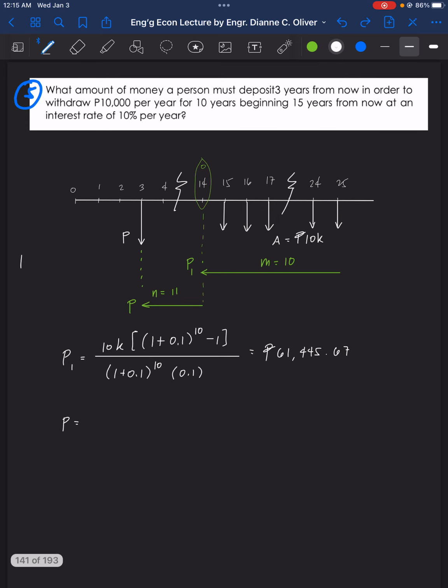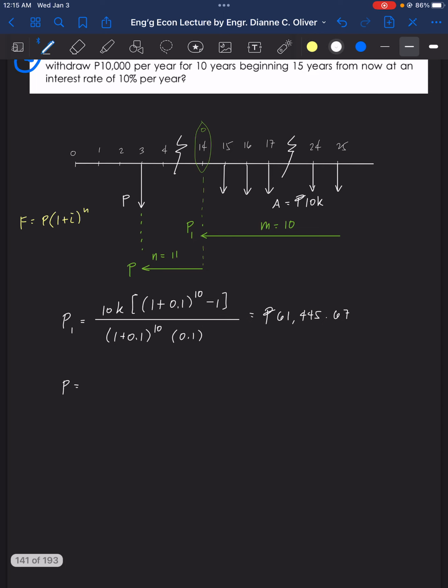F is equal to P times 1 plus I raised to N. So at this stage, P1 becomes the F, so P1 equals P times 1 plus I raised to N. Therefore, our principal amount here is equal to P1 over 1 plus I raised to N. So P1 is 61,445.67 divided by 1 plus 0.1 raised to how many years?